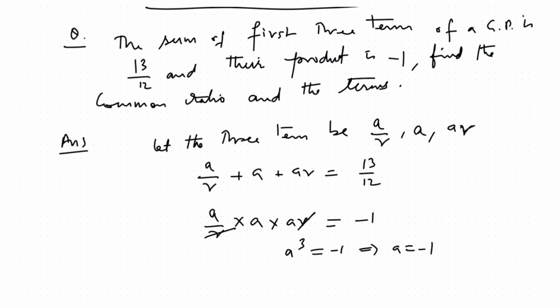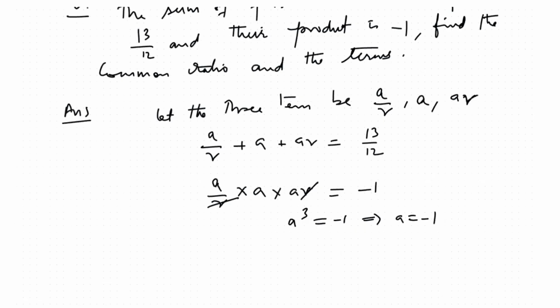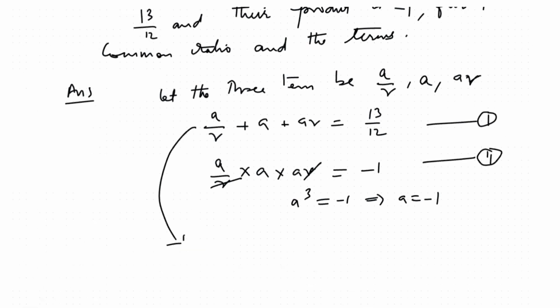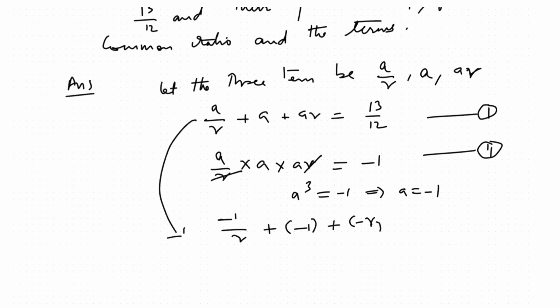So if I put this a as -1, I would get -1 upon r plus -1 plus -r equal to 13 upon 12.